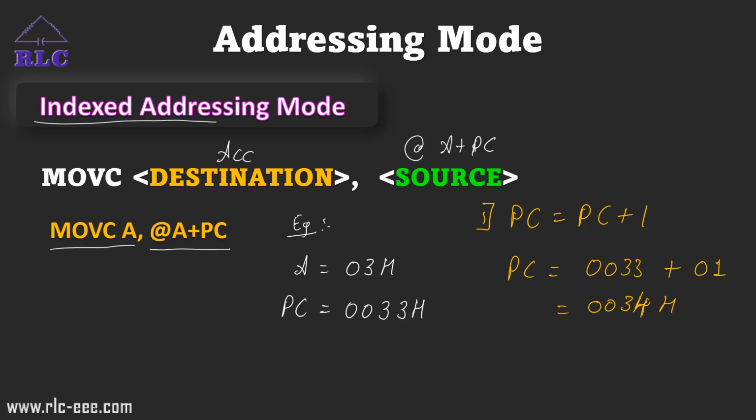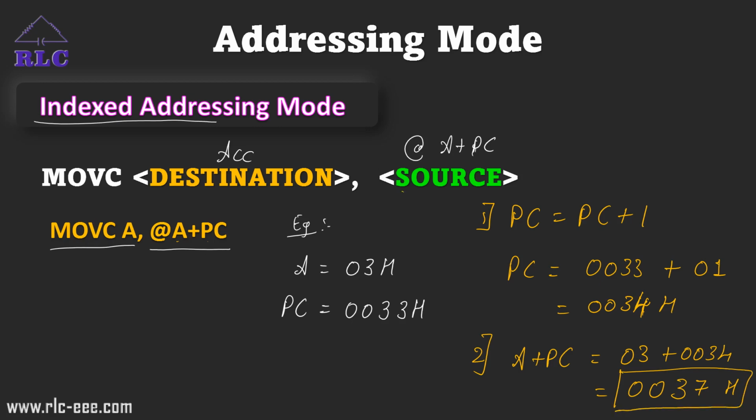Next, this arithmetic operation is going to be performed. The second step is A plus PC, which will be 03 plus 0034. Then we'll get 0037H.